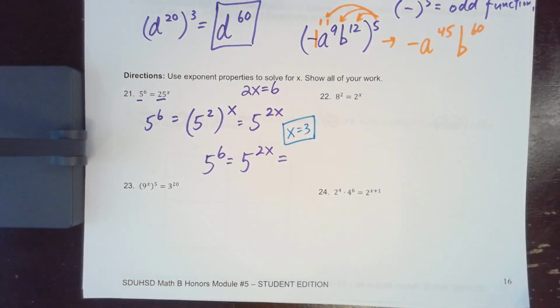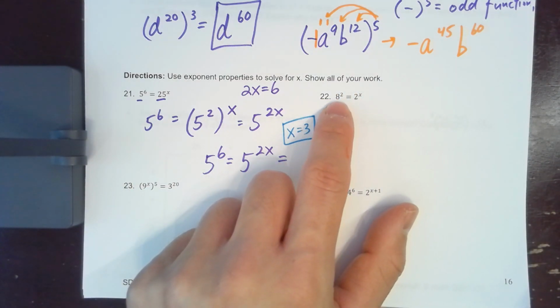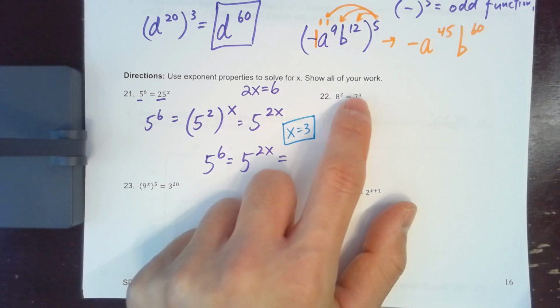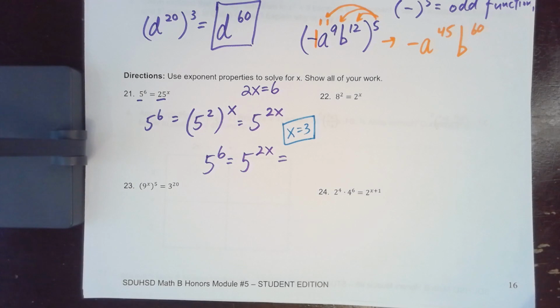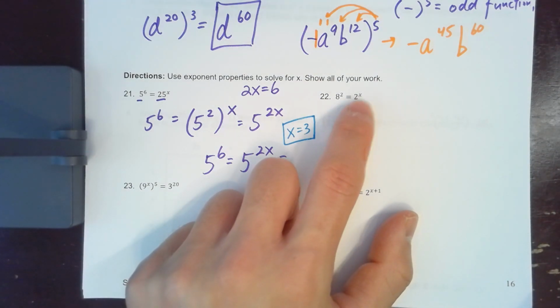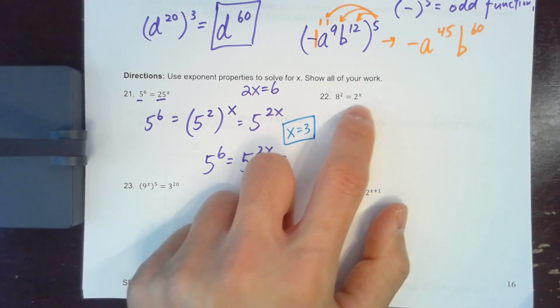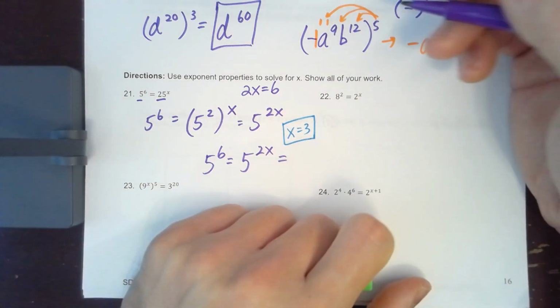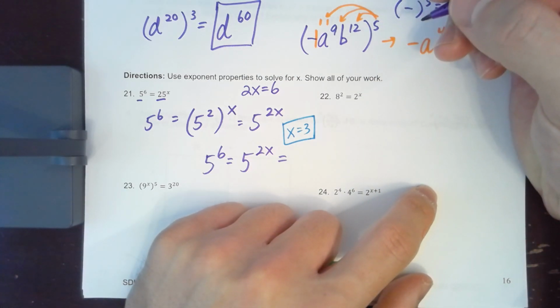Okay, this is something that you will need to be more familiar with. Again, always take the larger number and ask yourself, how do I make this base become a more prime base that can be compared with this 2? You obviously can't change the 2 to an 8, but you can go backwards. You can go from a large number back to a prime factorization style, I guess, or version of it.